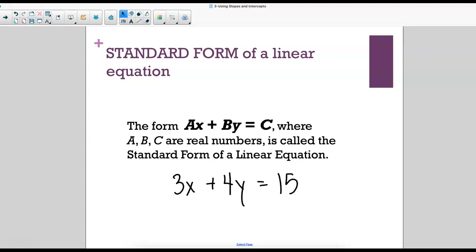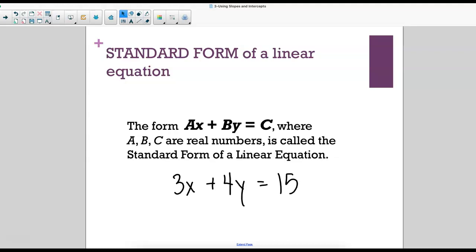This is standard form. a, b, and c are just numbers. We have an x and a y because on a graph, you have an x and a y axis.